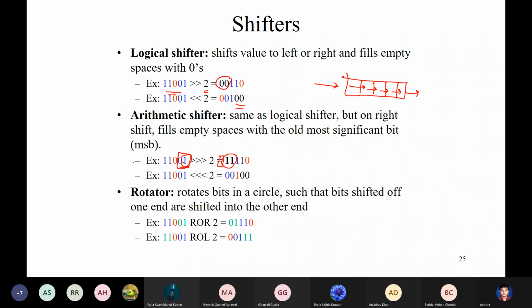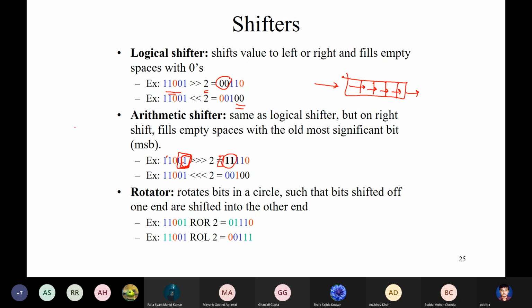So what I do is that instead of filling it with 0, I will take the MSB. What was the original MSB?